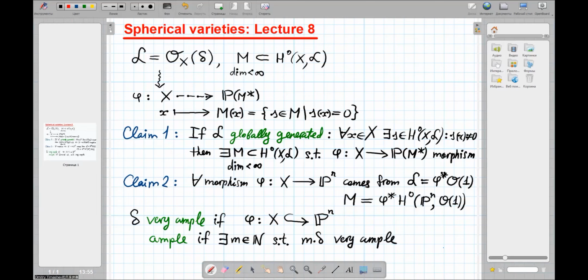Yeah. If there exists such an M. So if phi is an embedding for some M in the space of global sections of L.